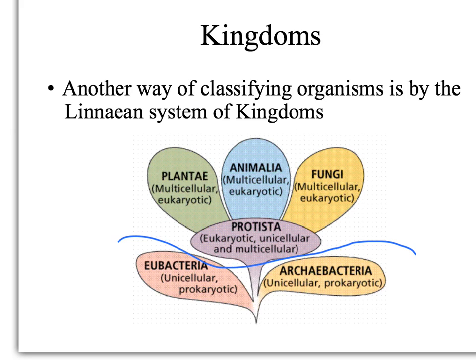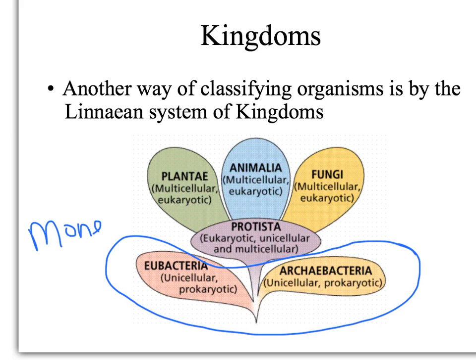These are the 2 that, when I was your age, actually younger, were one kingdom called Monera. And you may hear me refer to the Monerans from time to time, and that's what I'm talking about, these 2 groups, basically the bacteria. And then we also have kingdoms Protista, Fungi, Animalia, and Plantae, which we will spend most of fourth quarter going into quite a bit of detail over these 4 kingdoms.